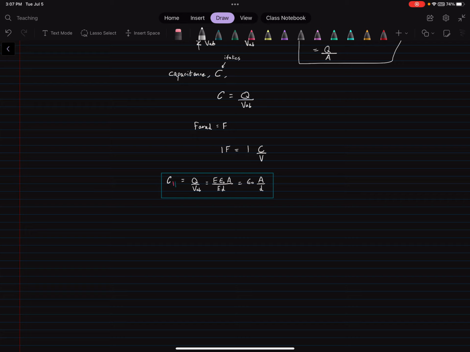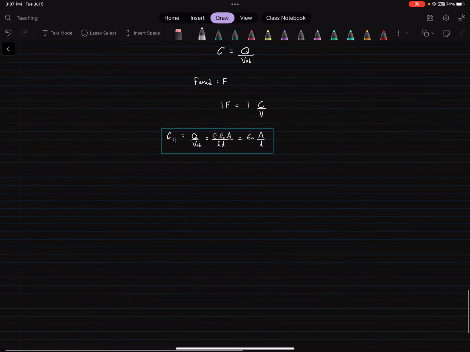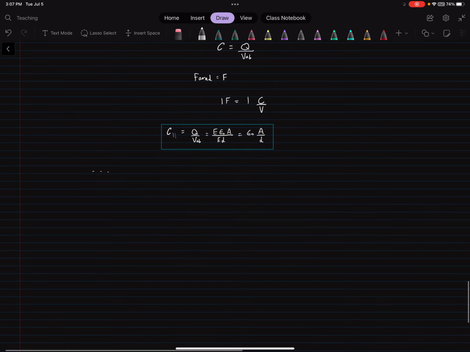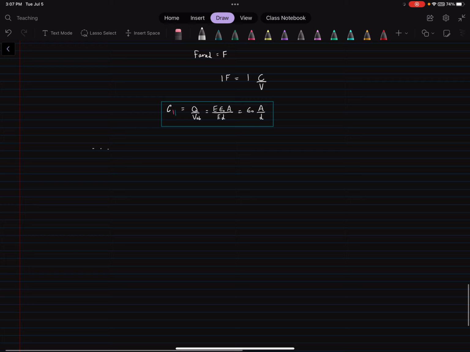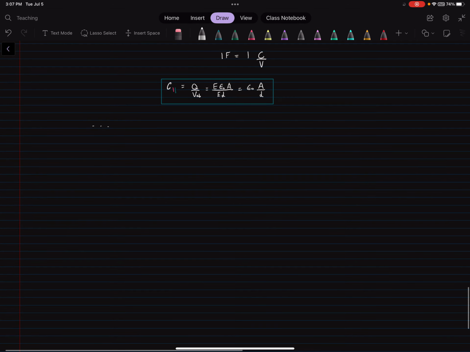But for now, the value of stored potential energy can be found, and this is where I have to do some ellipses, because it requires calculus to show this, and we're not going to go into that. But it can be shown that the electric potential energy stored in a capacitor is equal to Q squared over 2C, equivalently equal to 1/2 CV squared.